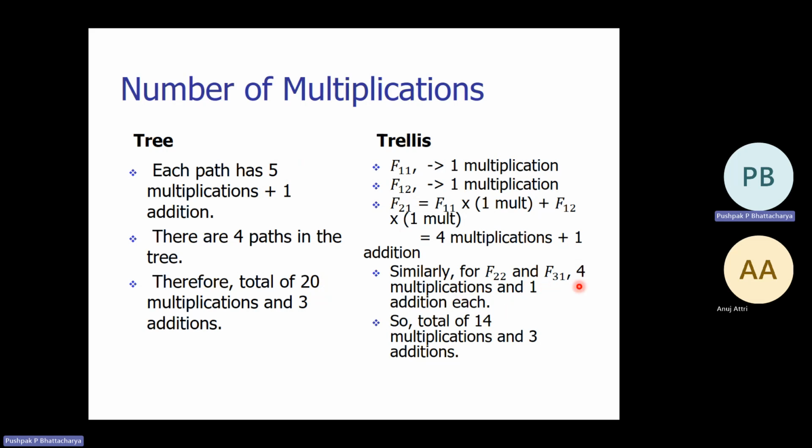Similarly for F22 and F31, 4 multiplications and 1 addition each. So a total of 14 multiplications and 3 additions, as opposed to 20 multiplications and 3 additions. And as the observation sequence becomes longer and longer, this gap between trellis-based computation and tree-based computation becomes much more stark, much more dramatic.